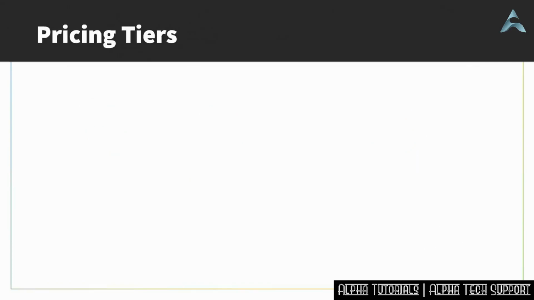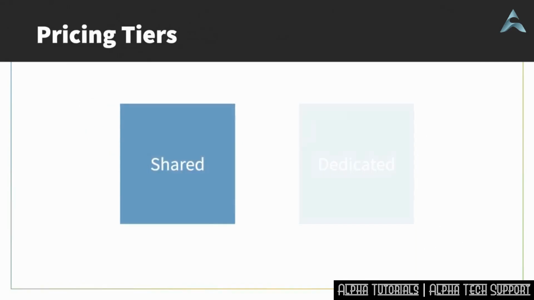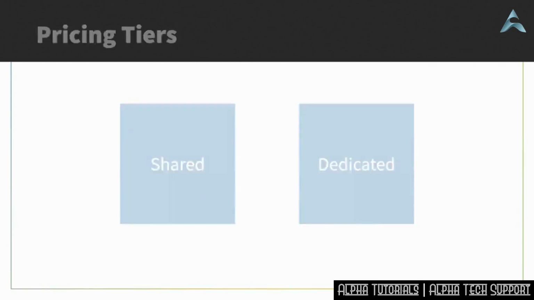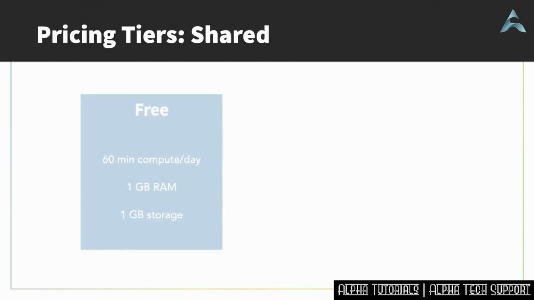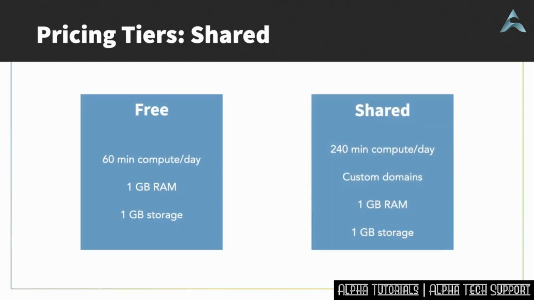Talking about pricing tiers, we have two big different tiers: shared pricing tiers and dedicated pricing tiers. Let's start with the shared ones. We have one that's called Free, and the other one is called Shared. So it has the same name. The Free, as the name says, is free. You have 60 compute minutes a day, 1 gig of RAM, 1 gig of storage. Not that much to say over there.